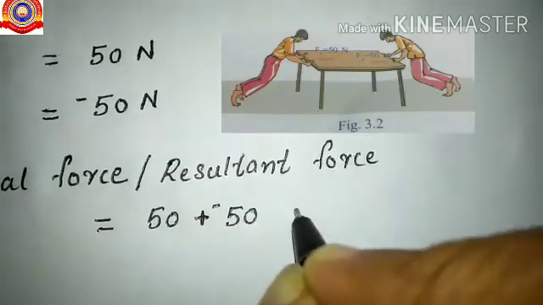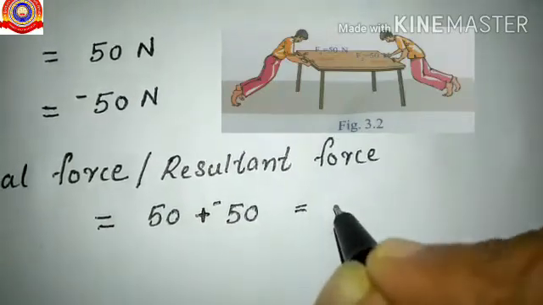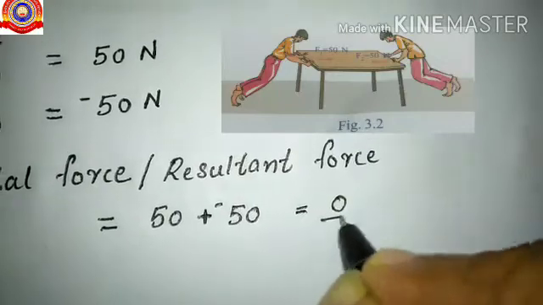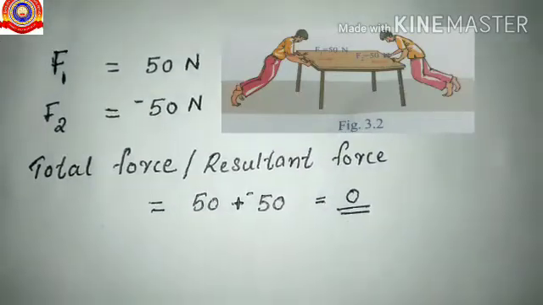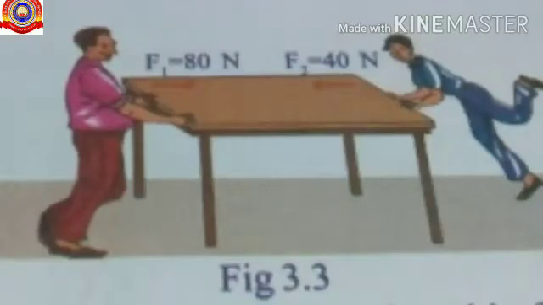What is the answer? 50 plus minus 50 is 0. So here the resultant force is 0. Okay, this is the third figure.